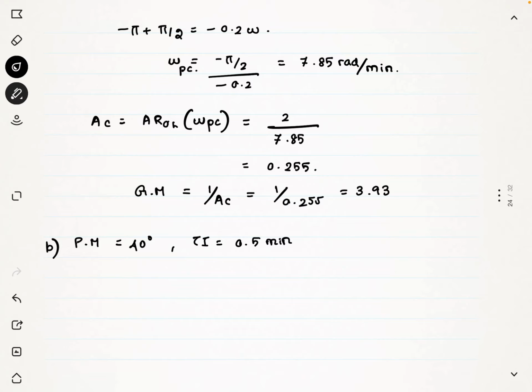So we know that the definition for phase margin is phase angle at the gain crossover frequency minus 180 degree.